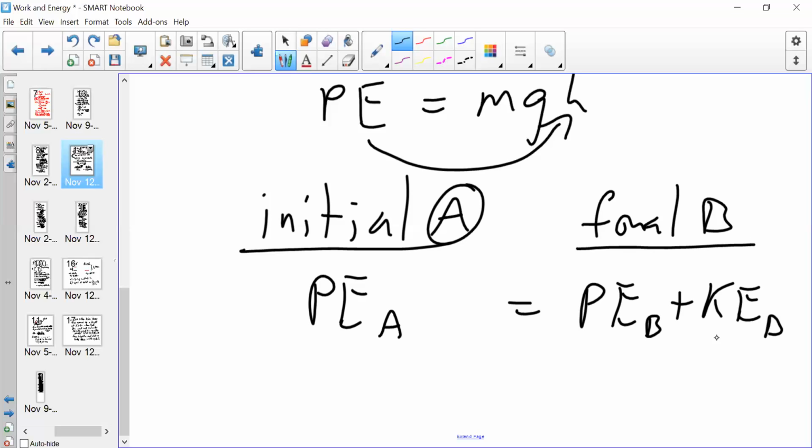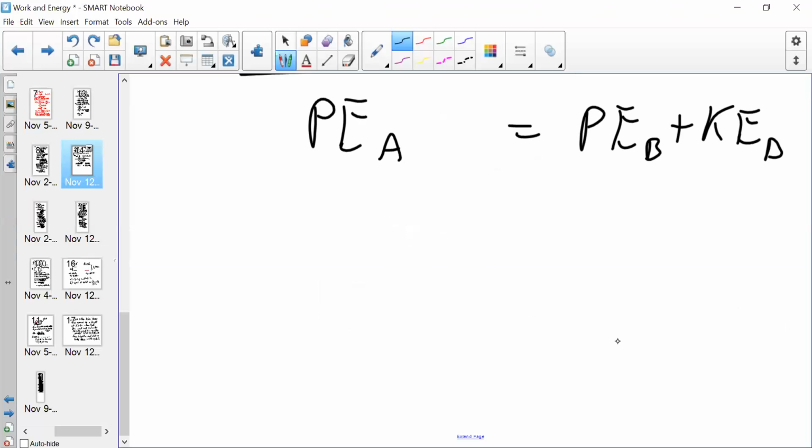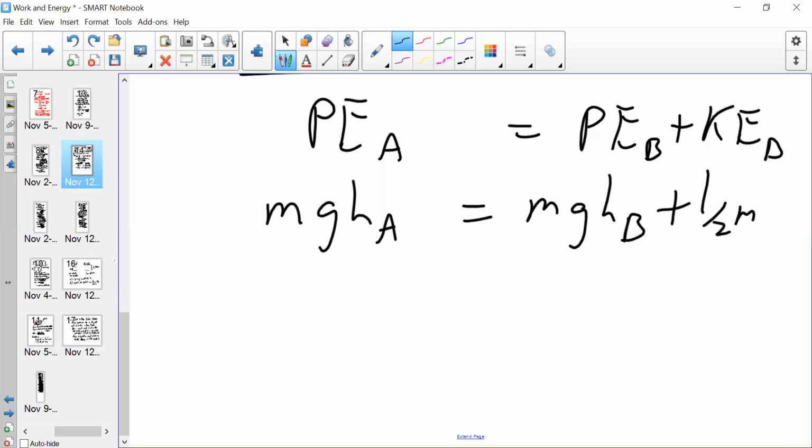And now what we need to do is find the speed at B. And then I'll let you guys go and solve some other things there. So you got mgh_A equals mgh_B plus 1/2 mv squared, and this is the guy in question.